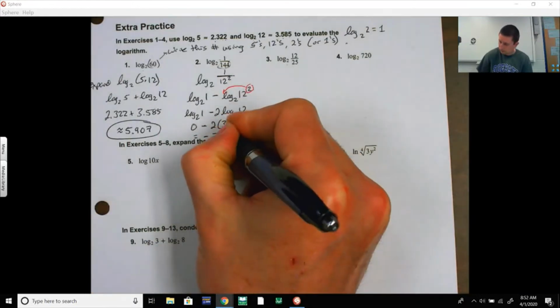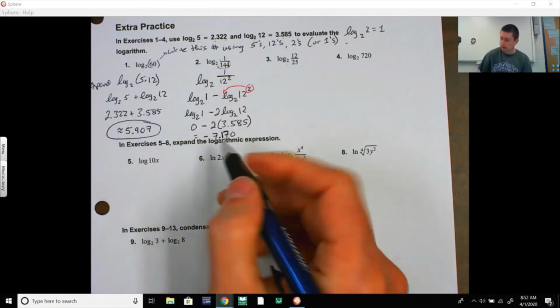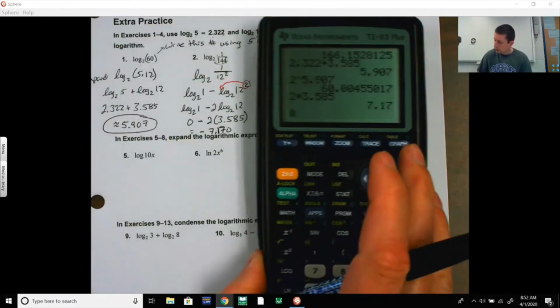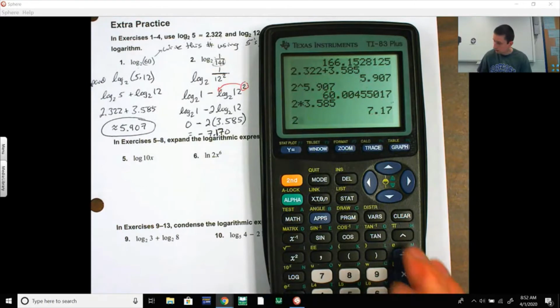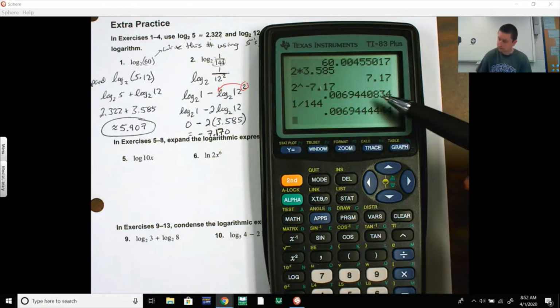But so negative 7.170 would be that answer. And again, you can check it. If I take 2 raised to the negative 7.17, I get that, and if I do 1 divided by 144, I get the same value. We're really close to it.